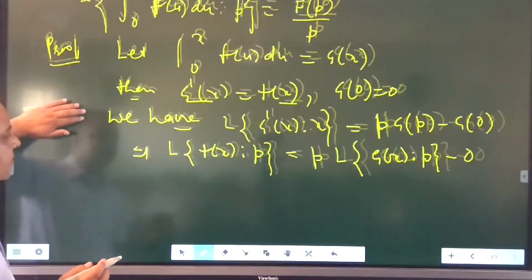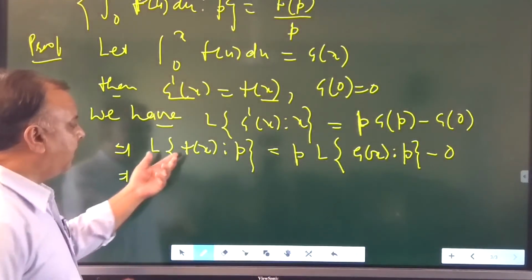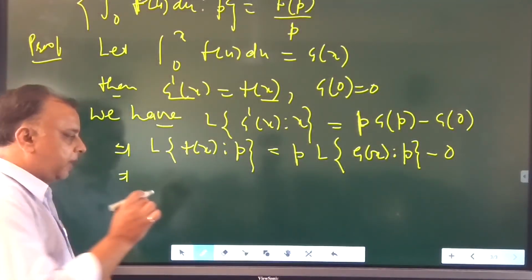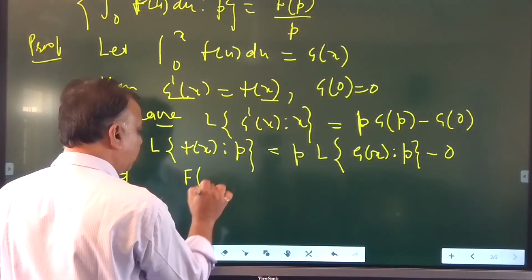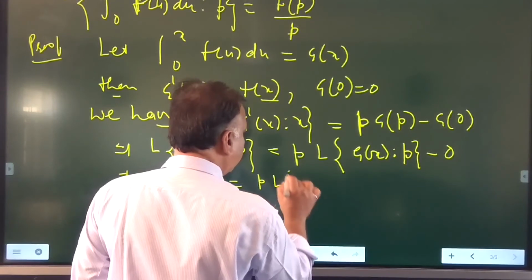As we know that the Laplace transformation of f(x) with respect to parameter p is F(p), this is equal to p times the Laplace transformation of g(x).